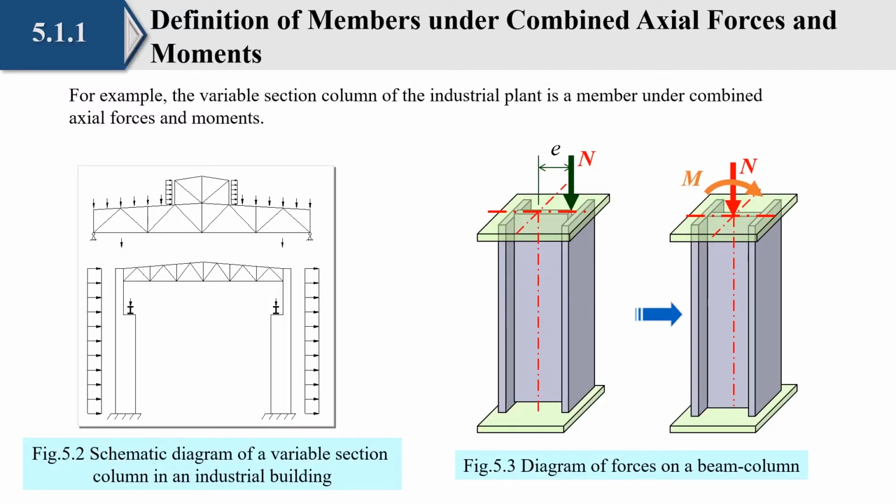Members under combined axial forces and moments are widely used in steel structures, such as beams and columns in steel frame structures and portal frame structures, and variable section columns in industrial buildings, and so on.